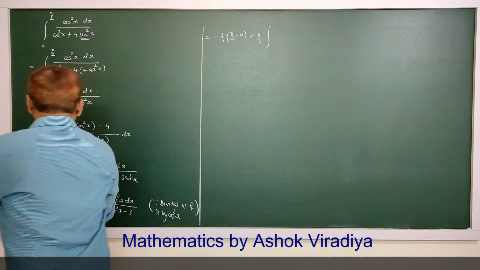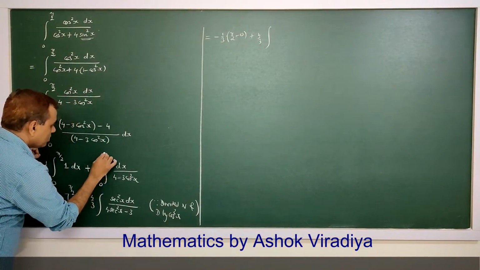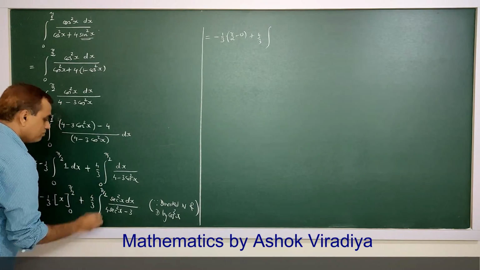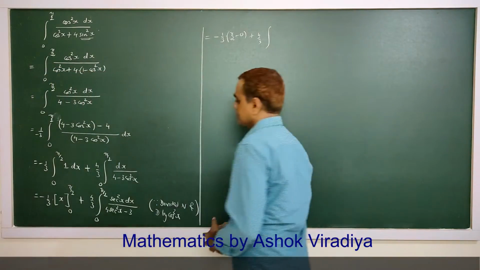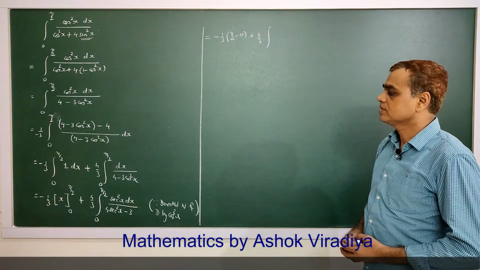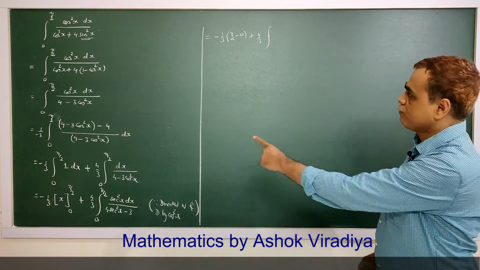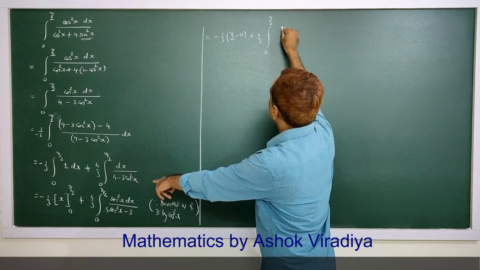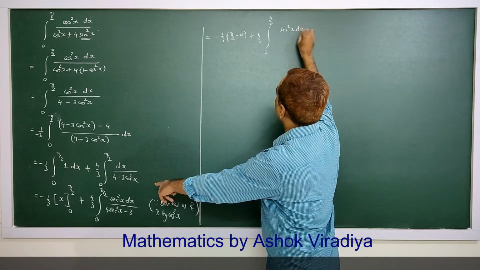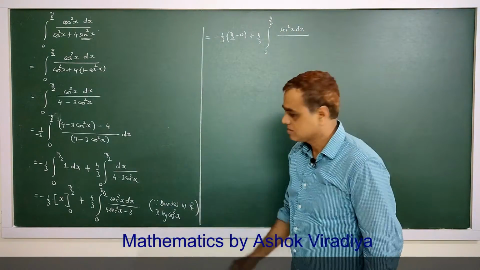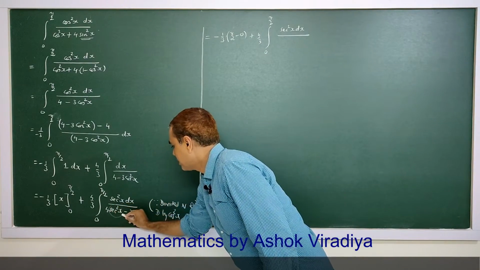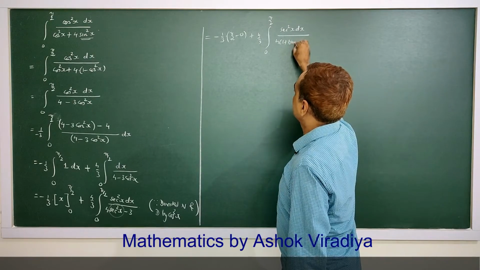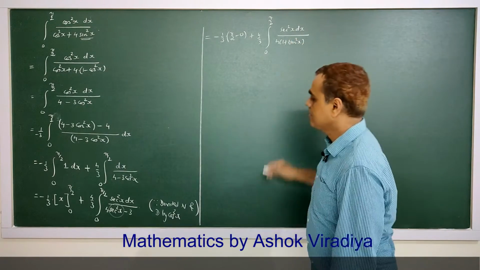Now here lower limit is 0, upper limit pi by 2. So 4 by 3 times 0 to pi by 2 sec square x dx upon, now we keep here 1 plus tan square x, 4 into 1 plus tan square x minus 3.